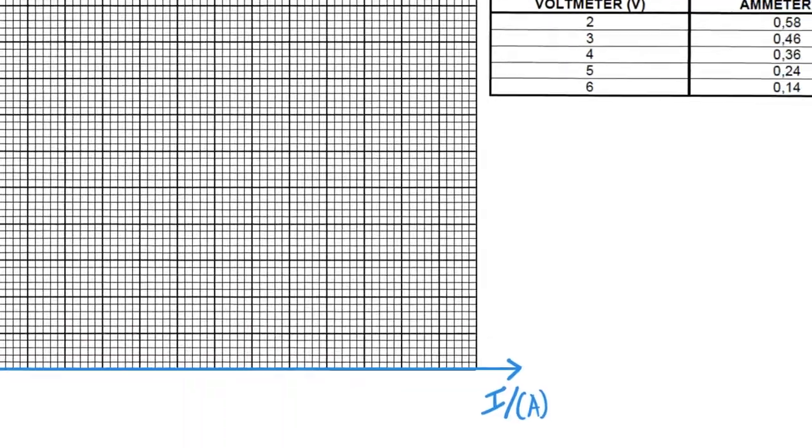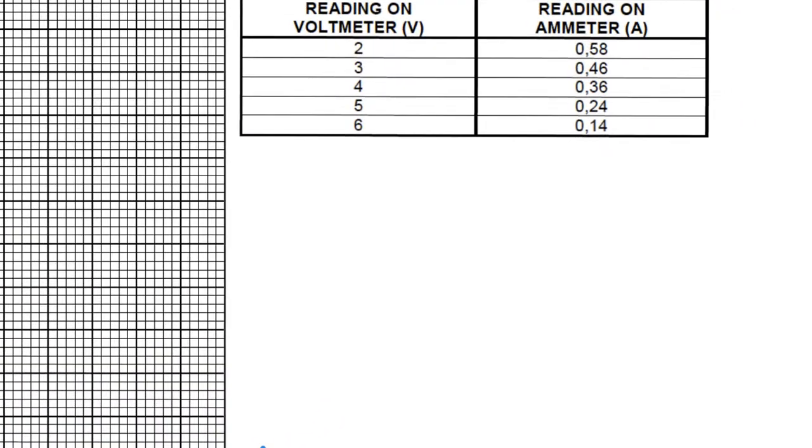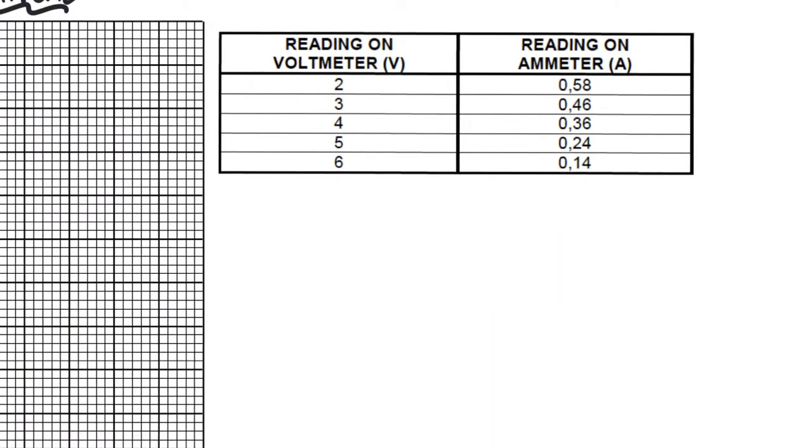Okay, and then we are going to look at the scale. So if we look at the data, we can see that the data runs from 0.58 to 0.14. We're going to put the ammeter readings on the horizontal axis.